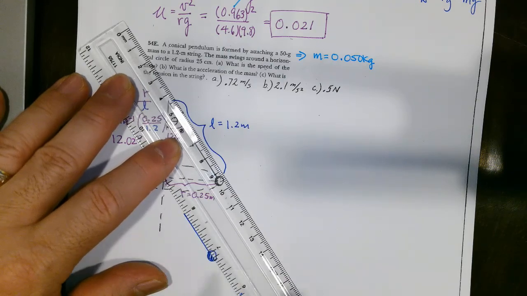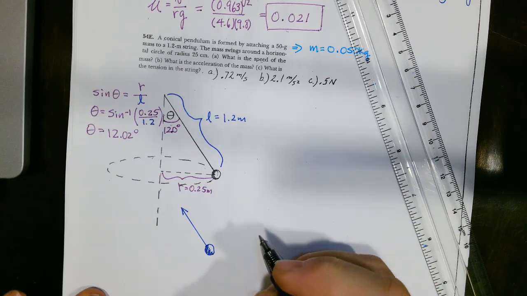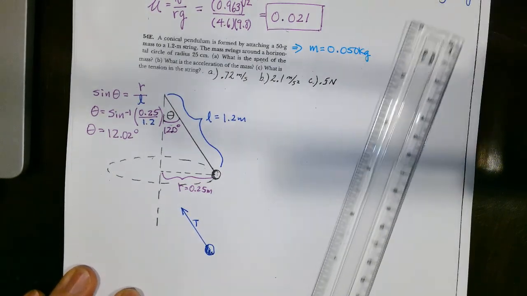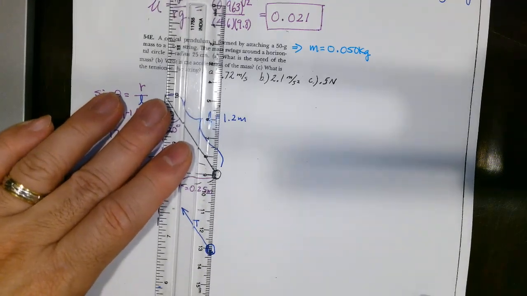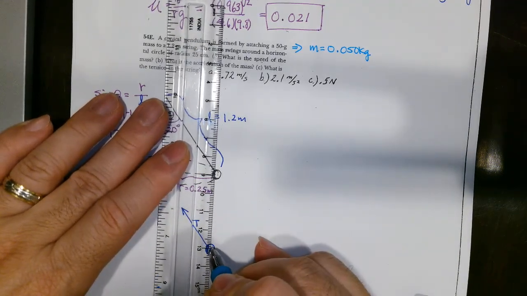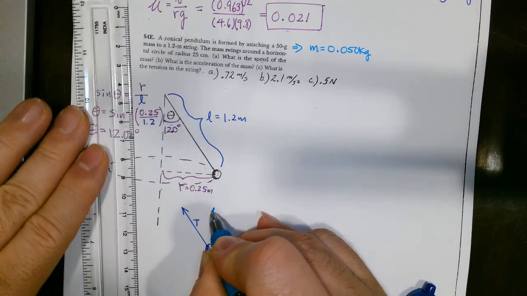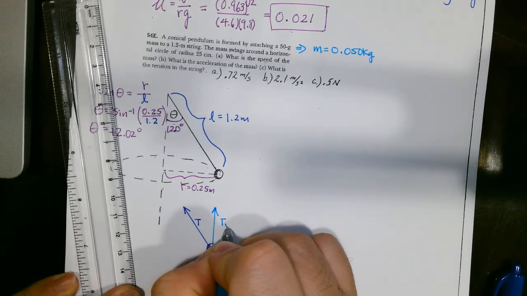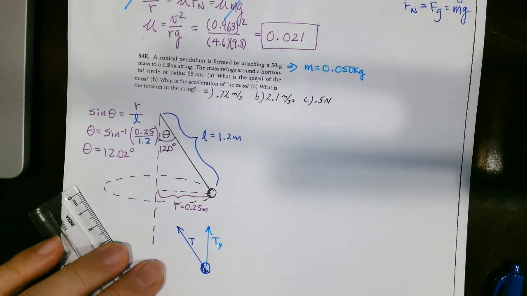And this tension will have its vertical component this way. It will have Ty. And it will also have Tx.